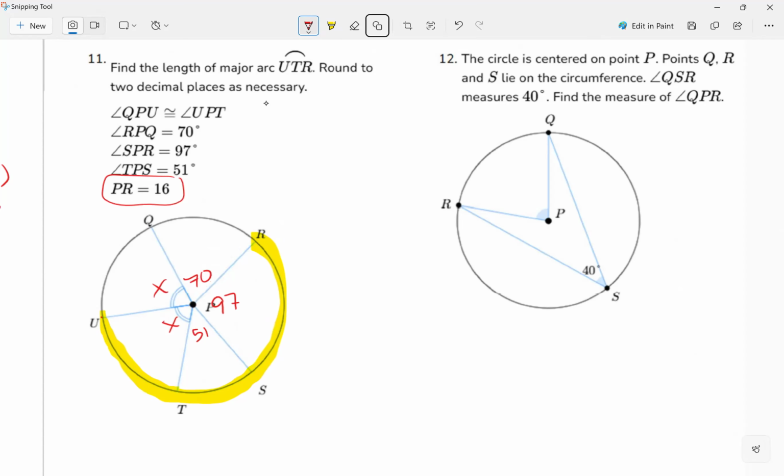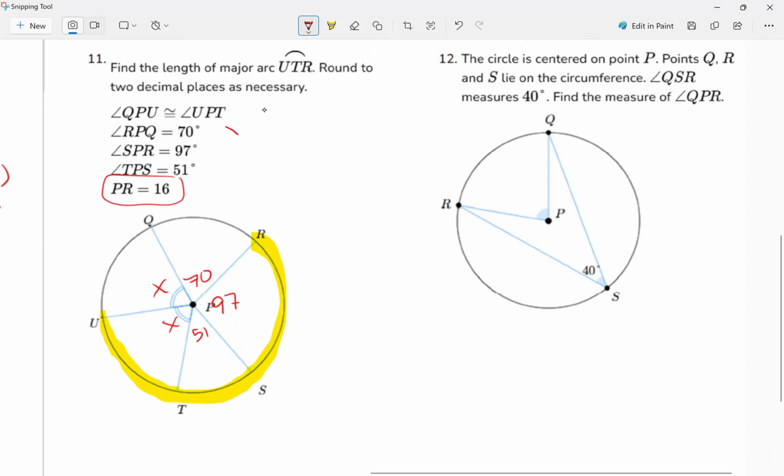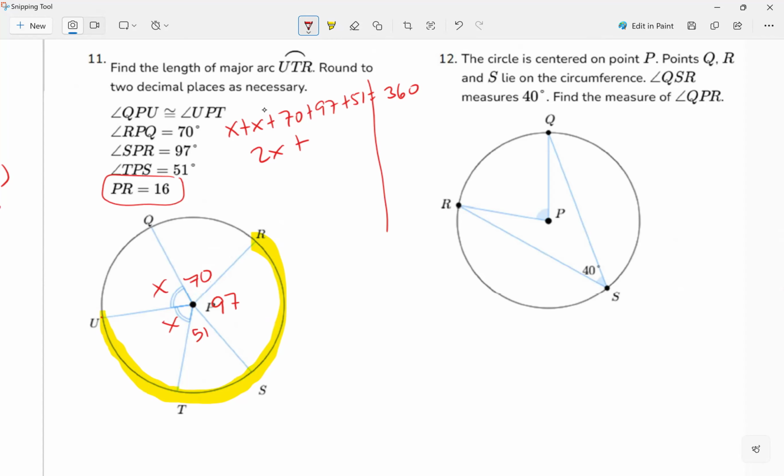So X plus X plus 70 plus 97 plus 51 is equal to 360. I added everything. It gave me a circle. Letter-wise, 1x plus 1x, that's 2x. Number-wise, 70 plus 97 plus 51, that is 218.